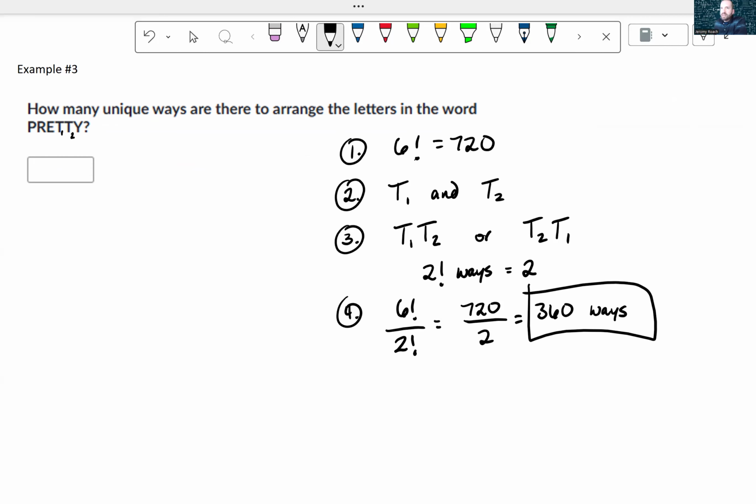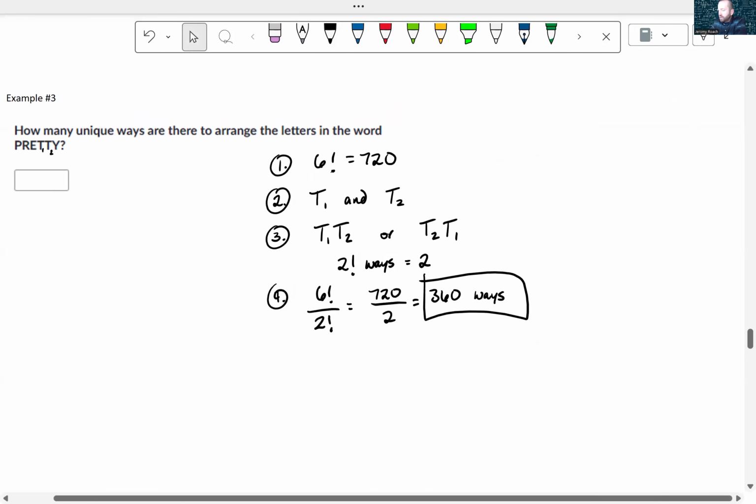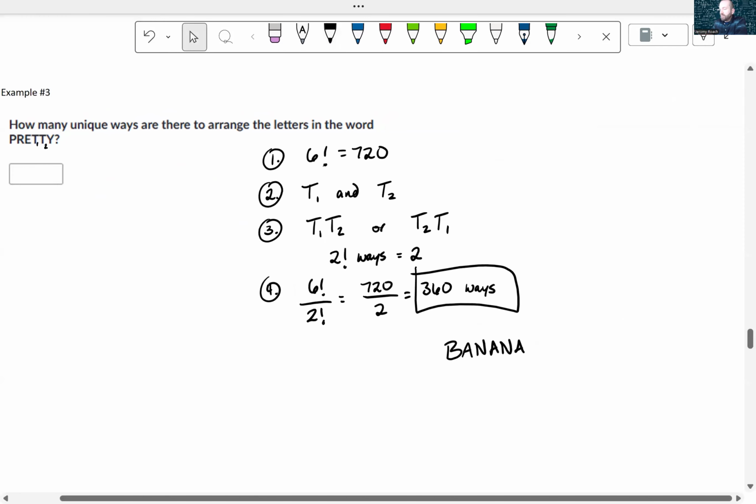If a letter repeats itself 3 times, we would divide by 3 factorial. Let's look at another example for this one. If we had another word, banana, and we ask the same question, how many ways are there to arrange the letters in this word, banana? In this word, we have an A repeating itself 3 times and an N repeating itself 2 times.